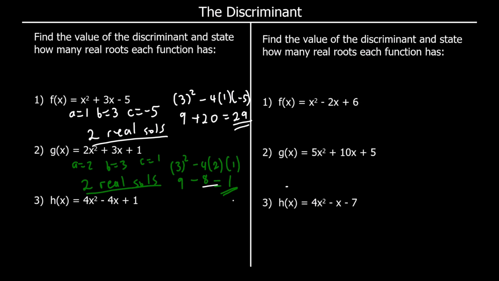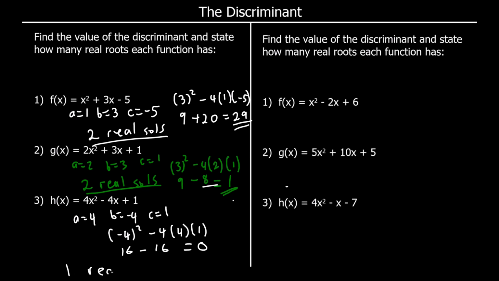And question 3, a is 4, b is negative 4, and c is 1. We've got b squared, negative 4 squared, minus 4 times a, which is 4, times c, which is 1. So we've got 16 minus 16, which is 0. So it's got one solution.